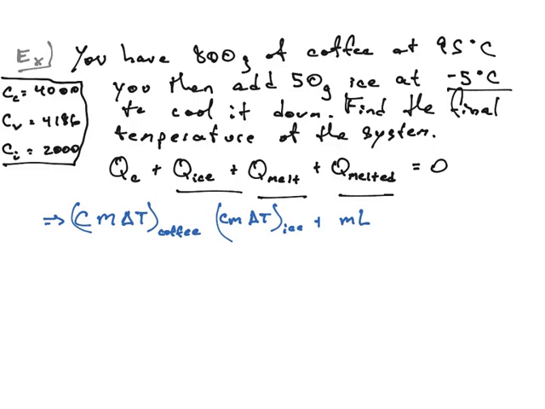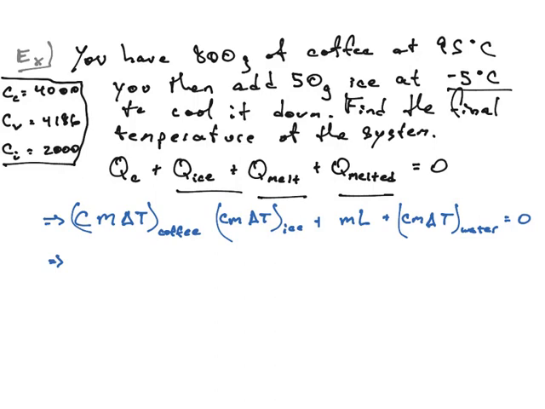And now that the ice is melted, I'm going to have a Cm delta T, but this is water, because once the ice is melted, it's not ice anymore, it's now water. Set this equal to 0. And now, all I do is take all the numbers out of my problem, stick them into this equation.